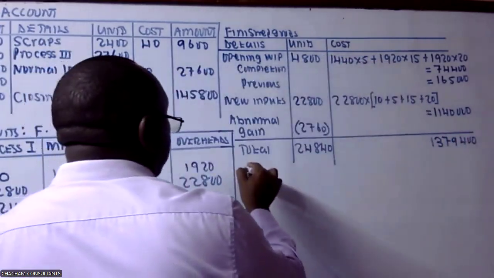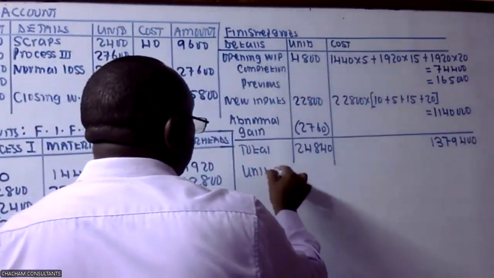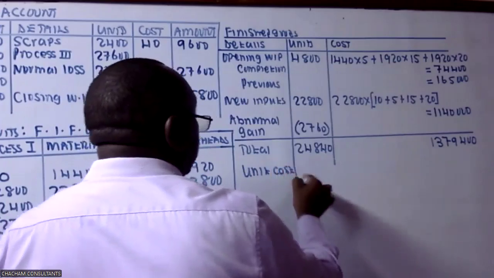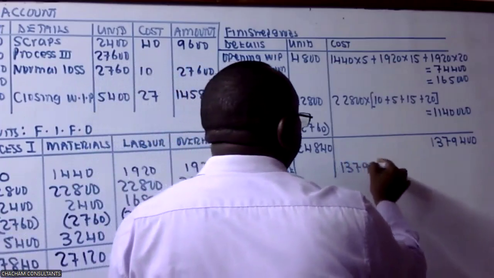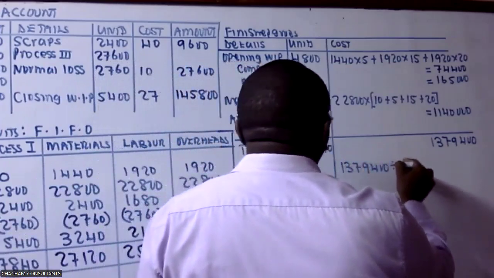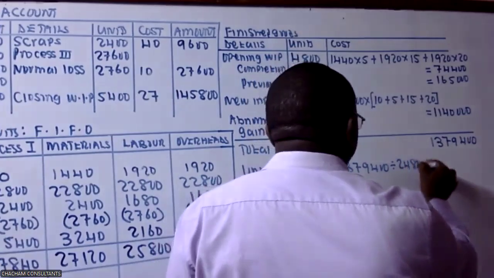Then per unit, or unit costs. The unit cost will be this 1,379,400, you divide by 24,840.